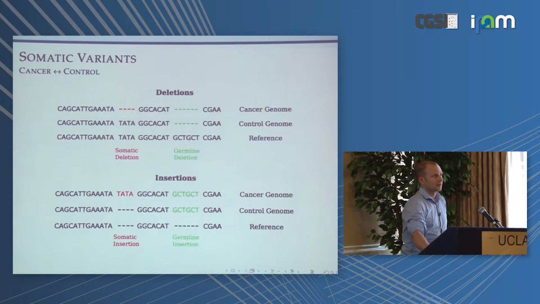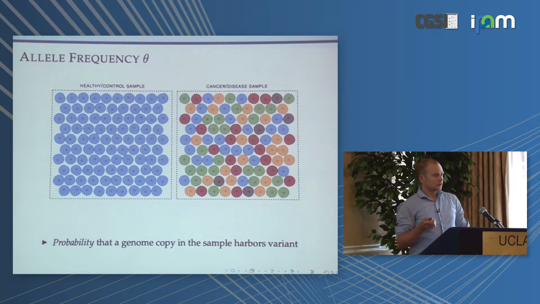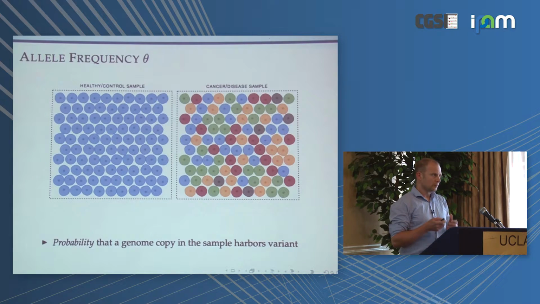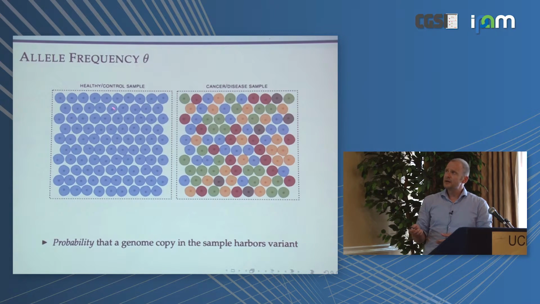You would like to discover this. And then there's this problem of heterogeneity. What you have to do is to determine the genotypes of the variants. If you would like to predict somatic variants, you have to do this. And the allele frequencies, the genotypes, the probability that the genome copy in the sample harbors the variant.